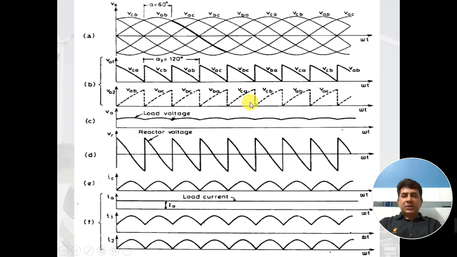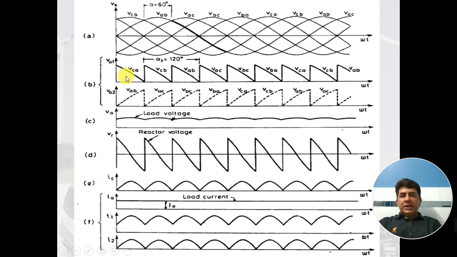These are the waveforms pertaining to this circulating current mode. This is the output voltage VCB, VAB, VAC. This is actually the voltage which is given. This is the voltage Vs that is applied to the input side.